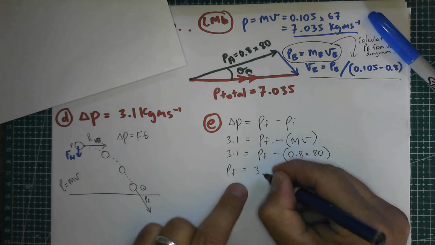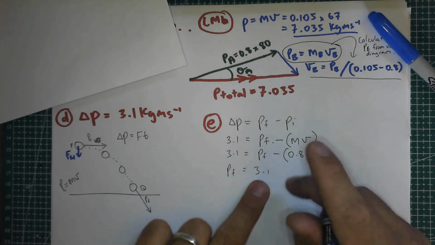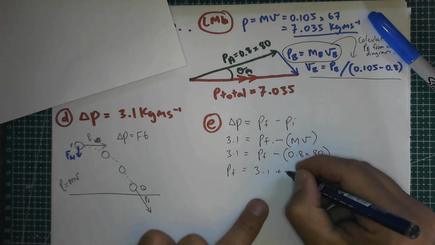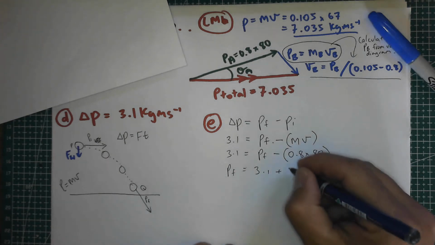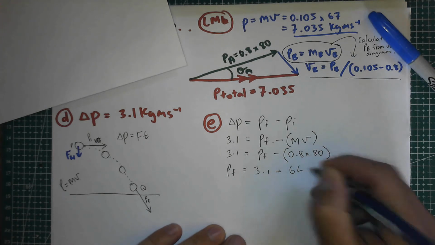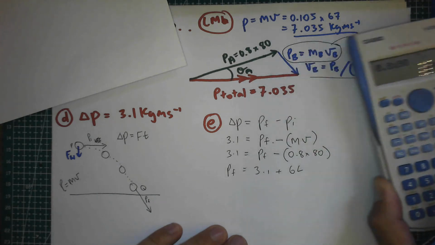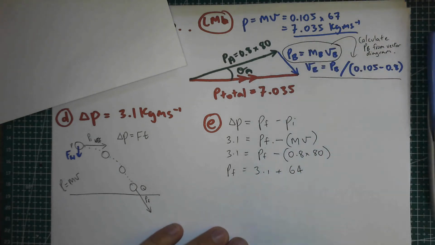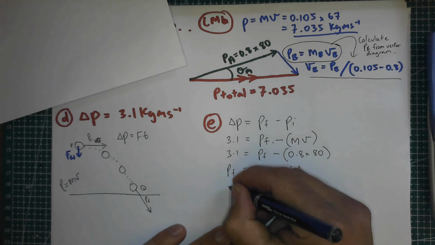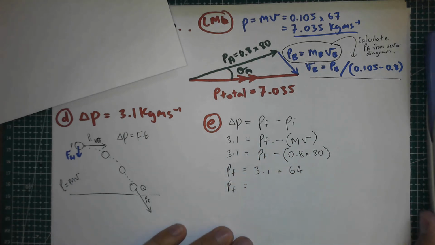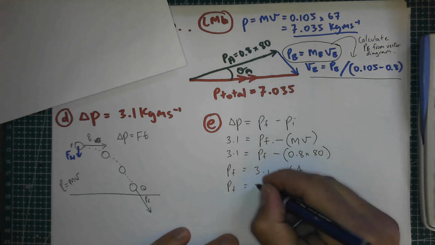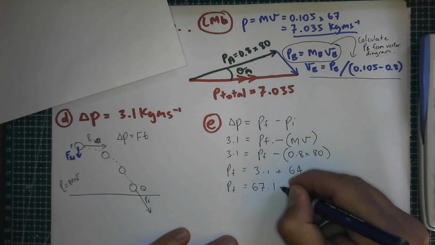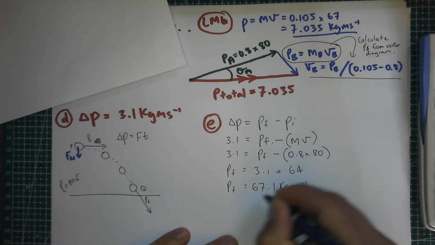I'm just going to swap these two around, and then this goes to the other side as well, which means it's plus 0.8 times 80, which is 64. So P final equals 67.1 kg m/s.